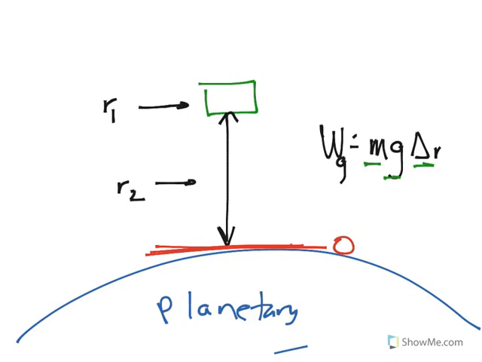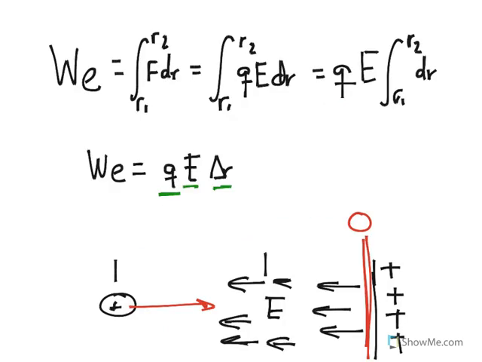And then I can state that at this position, I will have potential gravitational energy given as mg r1, or position 1. Well, I can state that I can have here a potential electric energy given as qE r1, right?